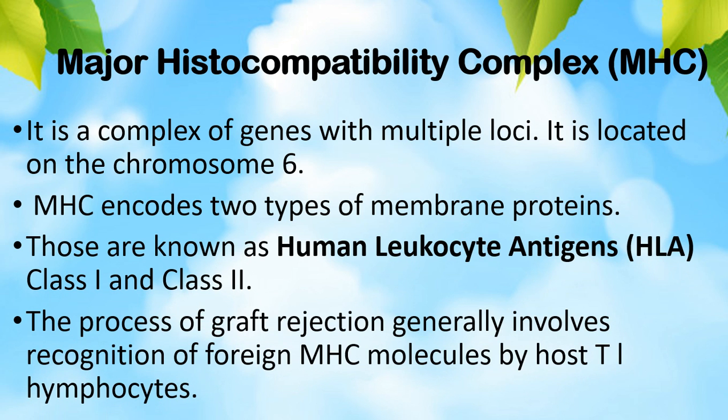The process of graft rejection generally involves recognition of foreign MHC molecules by host T lymphocytes. So if any graft in our body is recognized, it is by the MHC molecule and the host T lymphocytes.